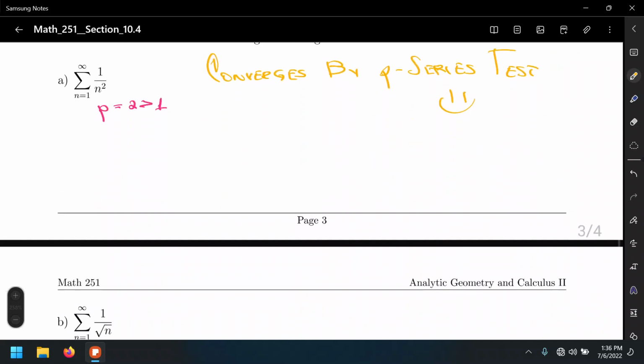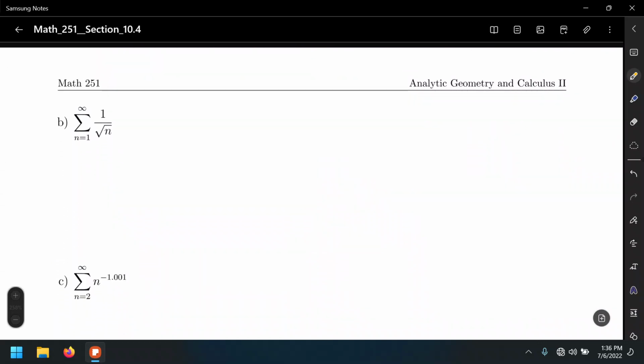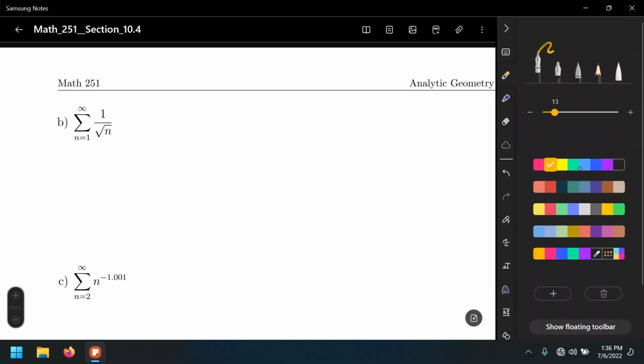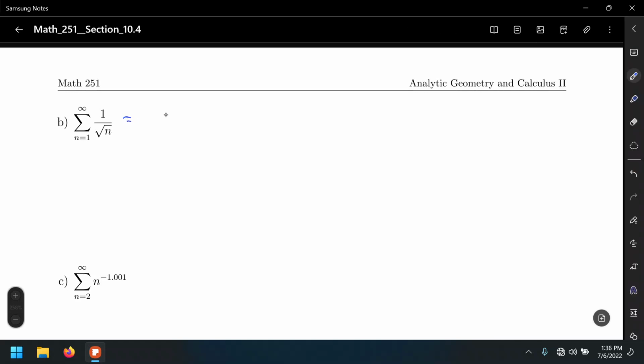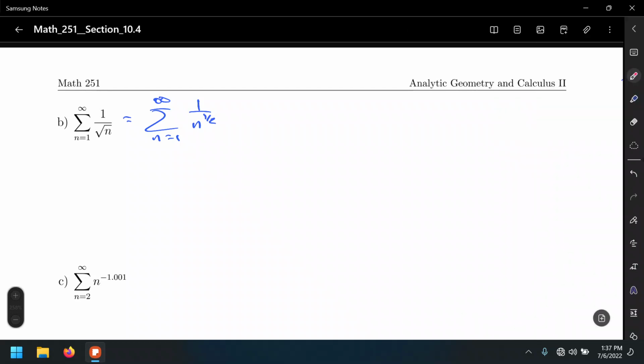All right, let's look at another example. Okay, so yes, radicals are very common when it comes to this kind of series. 1 over the square root of n. Well, that doesn't look yet like 1 over n to the p, but of course we know we can incorporate the properties of radicals and rewrite the series in the form sigma n equals 1 to infinity 1 over n to the 1/2, and in this case all we have to do is judge that value of p, which is 1/2.